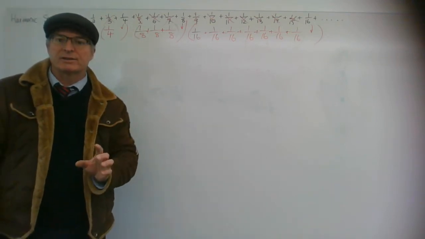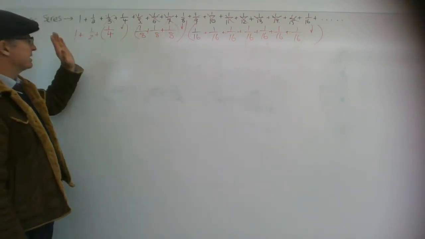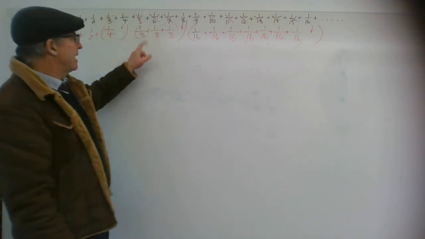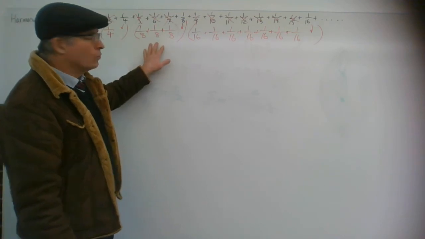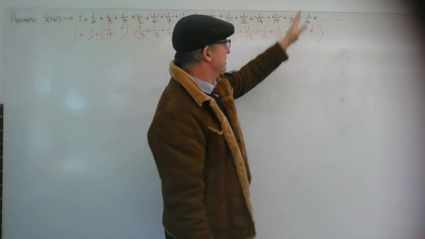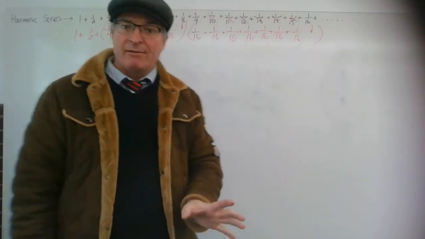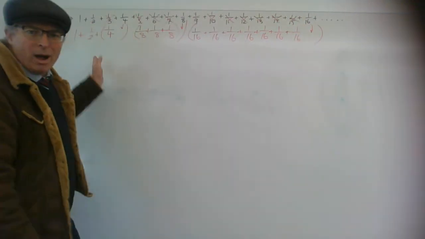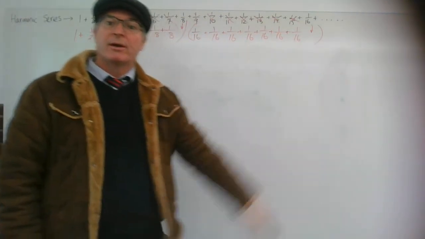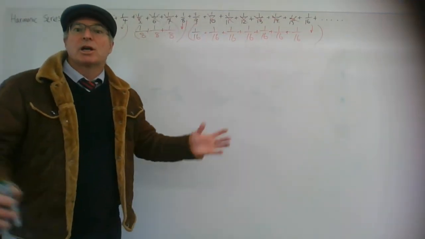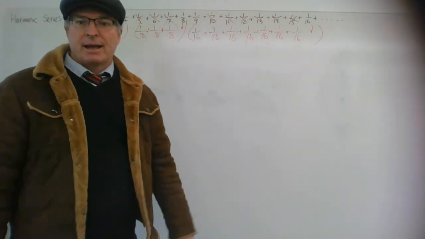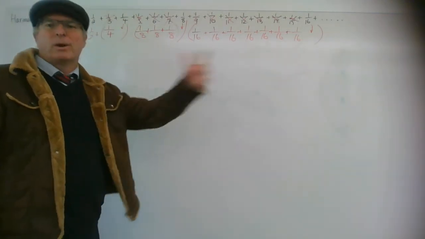But the new series that I've created is 1 plus a half plus a quarter and a quarter, which is a half, and an eighth and an eighth and an eighth and an eighth, which is a half, and sixteen 16ths, which is a half. So I've got 1 plus a half plus a half plus a half plus a half going out there, which clearly goes without bound, because you're always adding on a half.